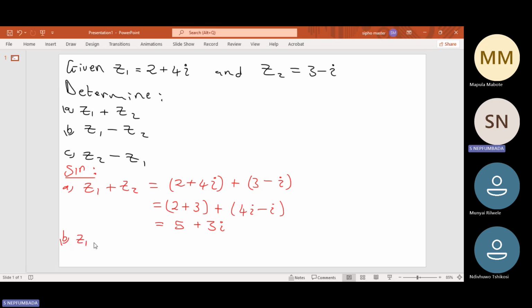Then we've got Z1 minus Z2. This is 2 plus 4i minus, we put the bracket, 3 minus i. So that negative is going to multiply everything that is inside the brackets. Then minus 3 plus i. We group the like terms. This is minus 1 plus 5i. Is that so?